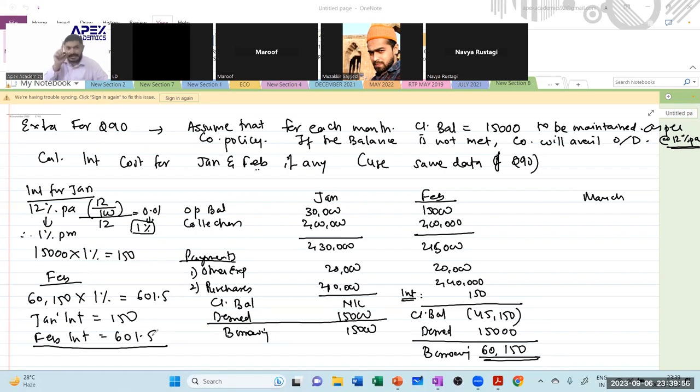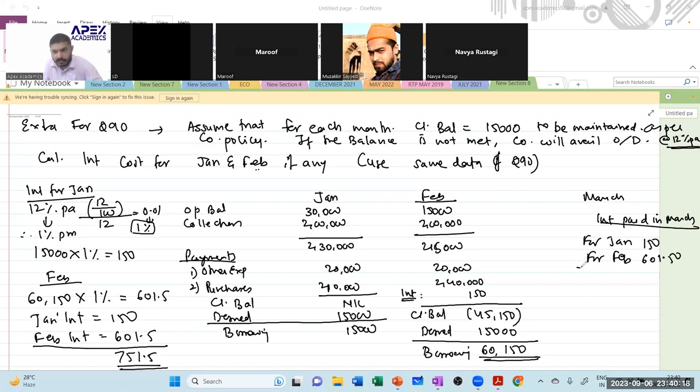Hold on, I want to discuss something important. So this will be 751.5. Interest paid in March, for Jan 150 and for Feb 601.5. This is important. Interest paid in March.